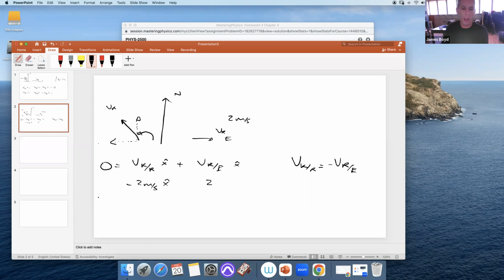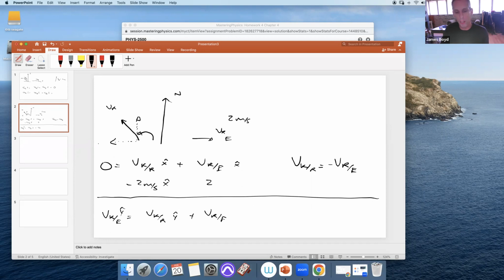In order to find the y, we know that the velocity of the kayaker versus the earth in the y direction is the velocity of the kayaker versus the river in the y, plus the velocity of the river versus the earth in the y, but this is 0.